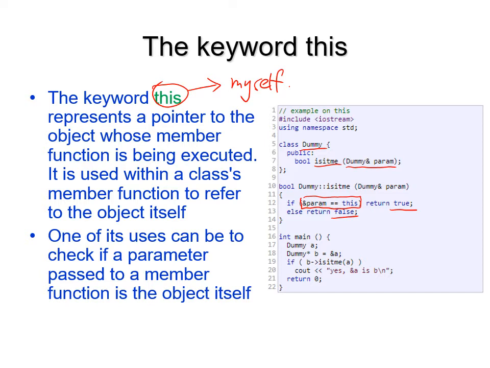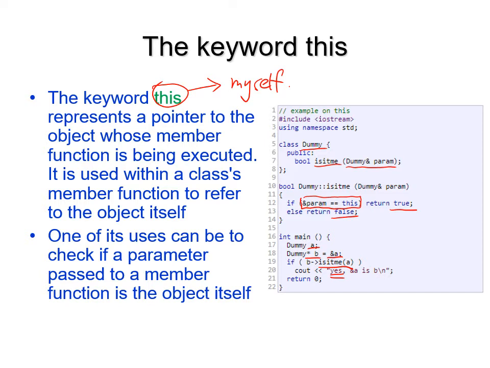Now you can see we declare one object A and one pointer B, where pointer B is pointing to the address of A. So when you call the function, because A and B have the same address, you may expect the sentence yes, A is B will be displayed on the screen.